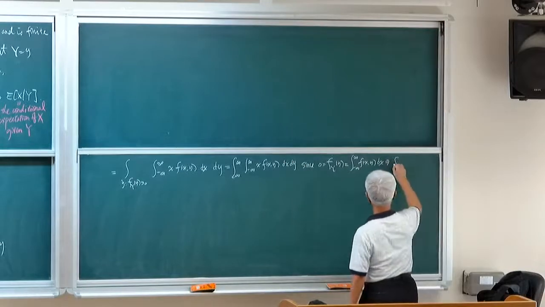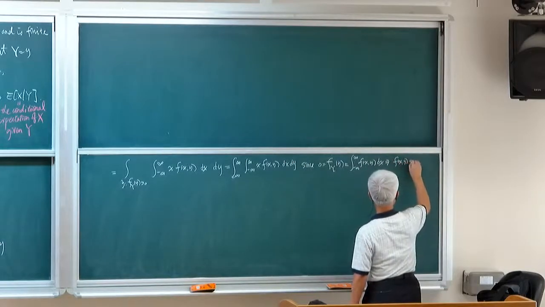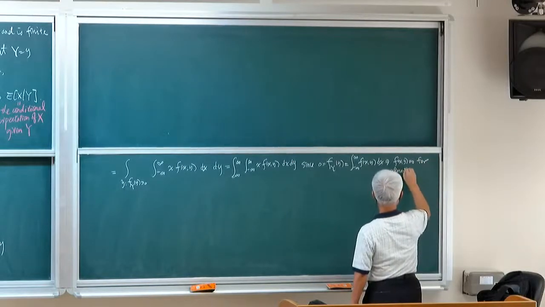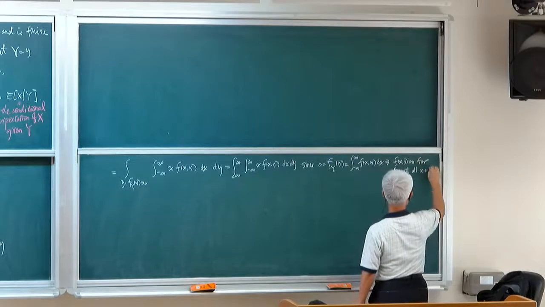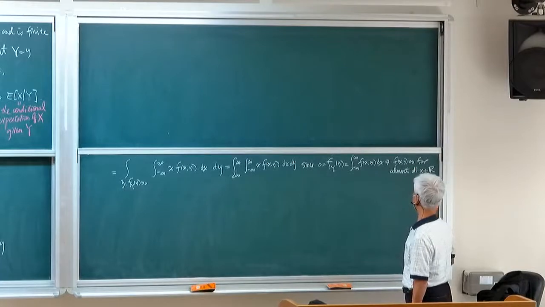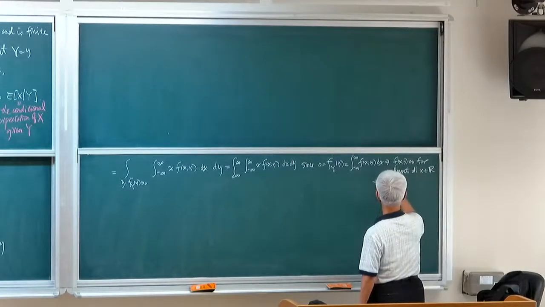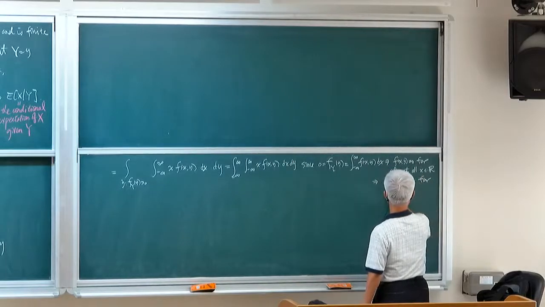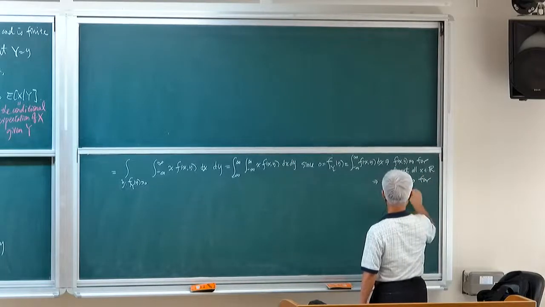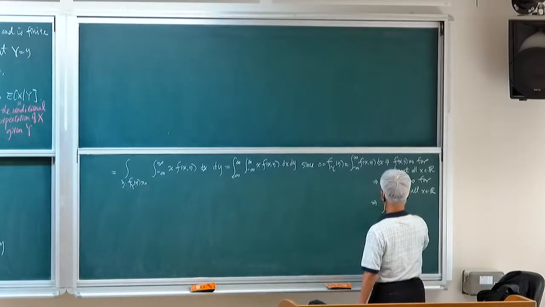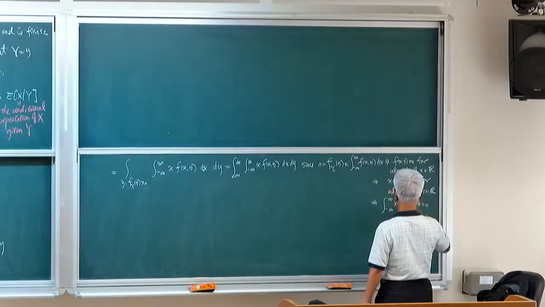And this implies that f of x, y is 0 for almost all x in R. And this implies that x times f of x, y equal to 0 for almost all x in R. So this implies that, okay.